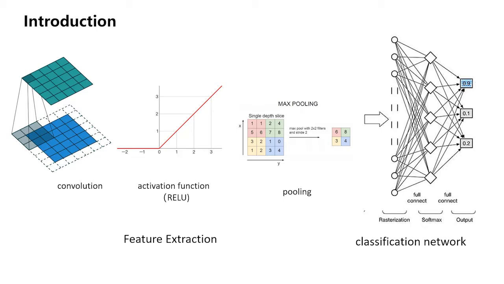As we can see in the picture, their activations can thus be computed as an affine transformation, with matrix multiplication followed by a bias offset. The softmax function is a generalization of the logistic function to multiple dimensions.